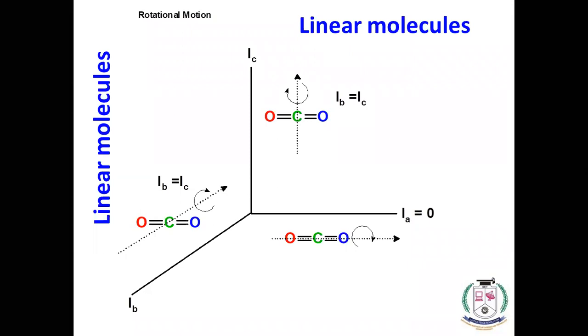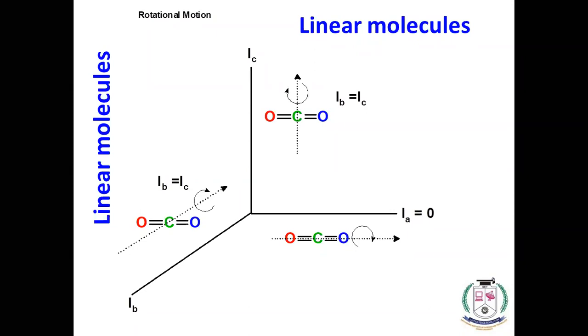When you rotate, the mass of the oxygen atoms will influence the moment of inertia. That is why IC has a value. Similarly, if the axis goes through the carbon atom perpendicular to IC, that is IB, the y-axis, and you rotate the molecule, the mass of the oxygen atoms again influences the moment of inertia. But IB and IC are equal because there is no difference between these two; both are the same.